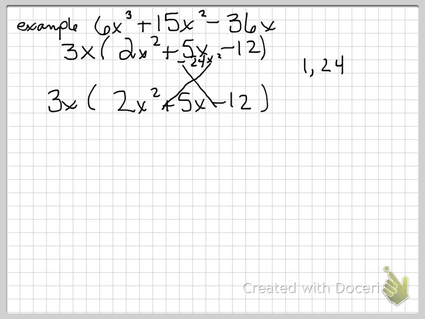Well, that's not going to give me a 5 if I subtract them. 2 and 12. Nope, no 5 yet. 3 and 8. There's my 5. So 3 subtracted from 8 gives me 5. So I need a negative 3x and a positive 8x.